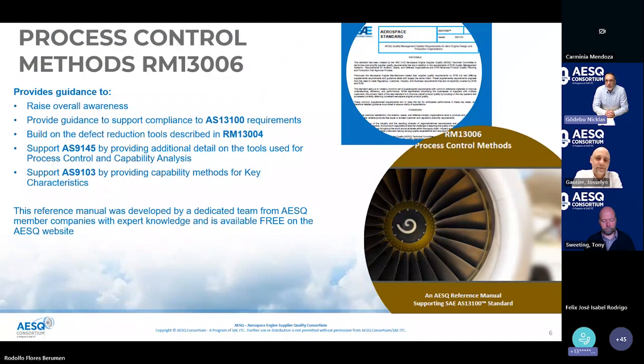So the process control methods, RM 13006, is a reference manual that is supporting the requirements from AS 13100 with regards to deploying and using process control methods. And process control methods can be such as mistake-proofing, SPC, or other kinds of ways of making sure that the process is working.